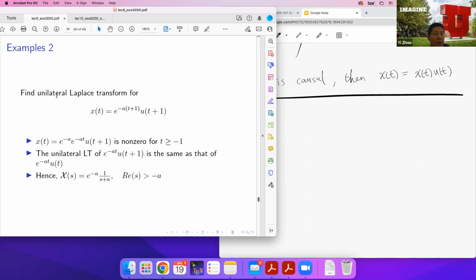And here's another example, find the unilateral transform for such a signal. Well, in this case, it is no longer causal, but it is close to causal in the sense that we can view it as starting from the causal signal and shifted by 1 to the left by time shifting.